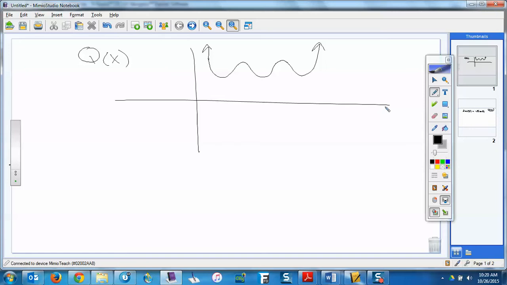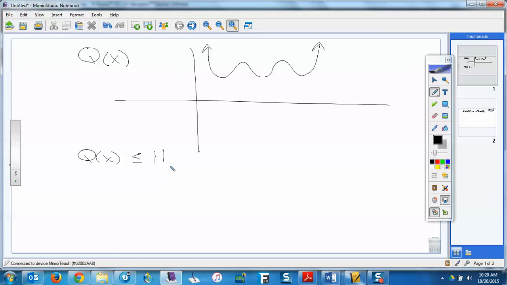So no real roots. The next one says, is it possible that q of x is less than or equal to 11 for all x? What do we think of on q of x?